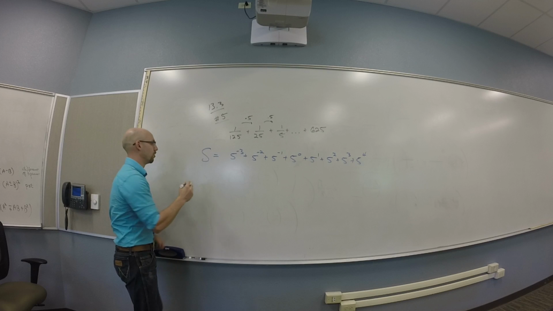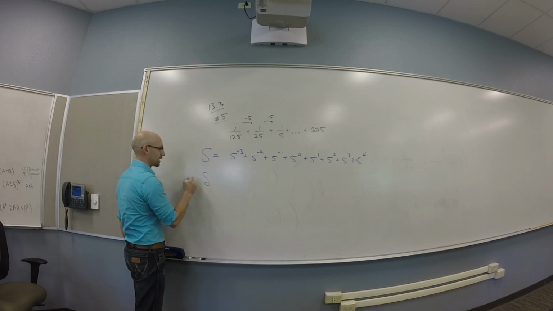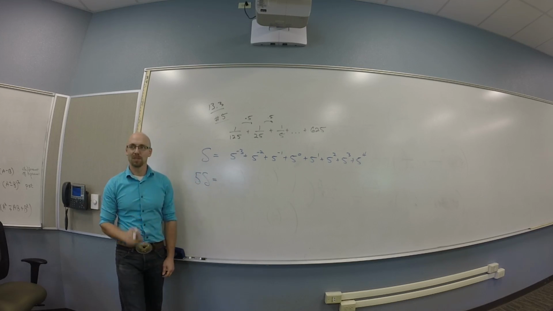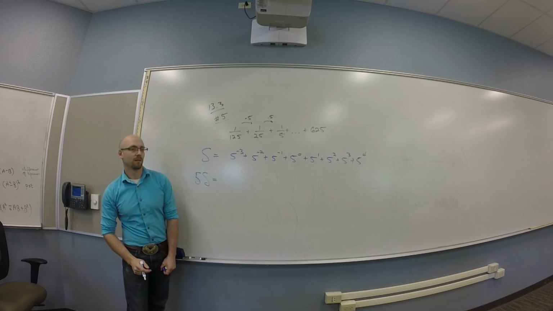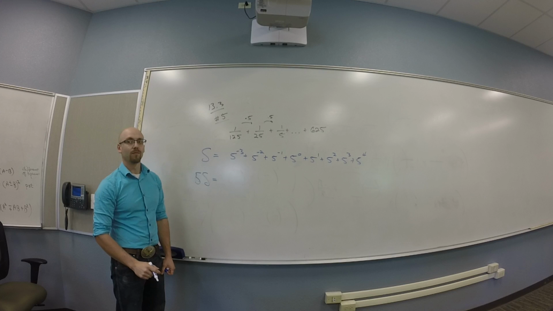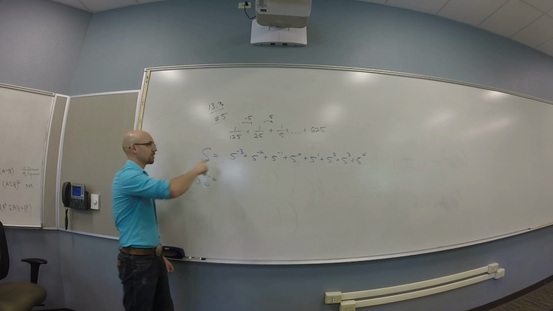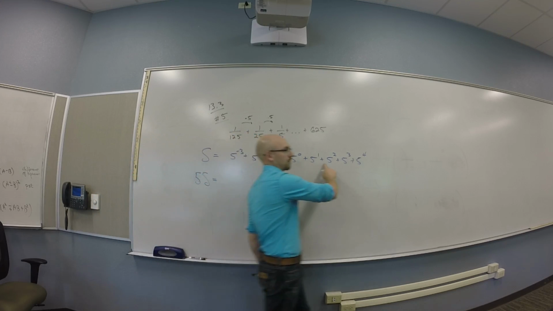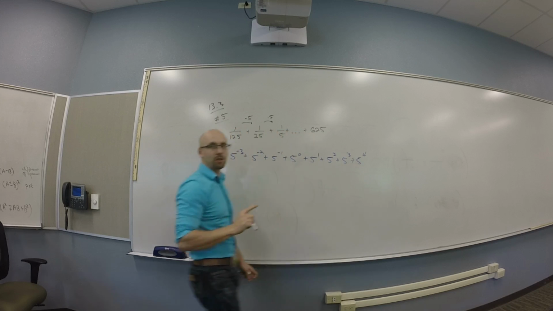So I'm going to make a new S that I multiply by 5. So what's 5 times S? I'm going to take this whole series and multiply each and every term by 5.